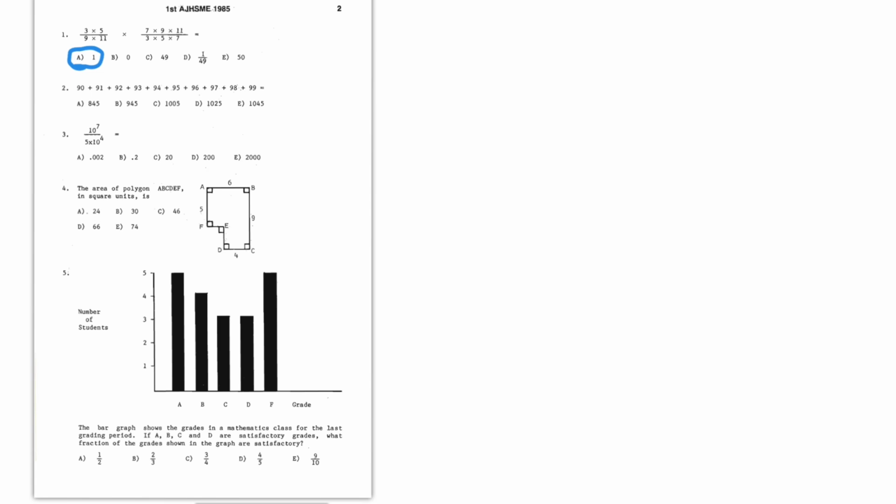Number 2, 90 plus 91 plus 92 and continue plus 99 equals. From 90 till 99, add them together. These are consecutive numbers. All consecutive numbers form an arithmetic sequence. So the formula is the first number plus last number, times the number of numbers, divided by 2.